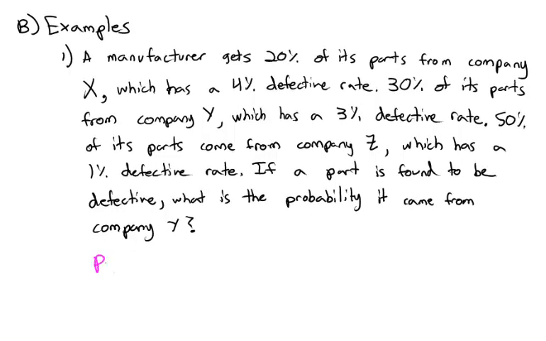So we're asking the question, what is the probability it came from company Y, given that we know it is defective? I'll use D for defective. That's what we're looking for.